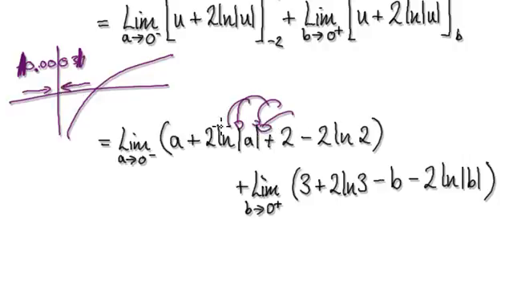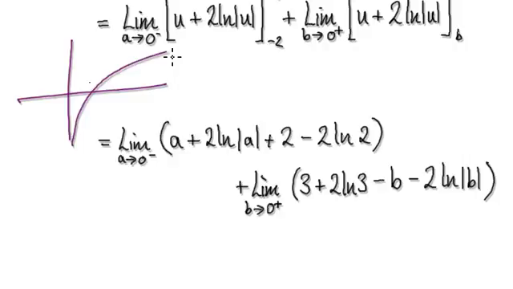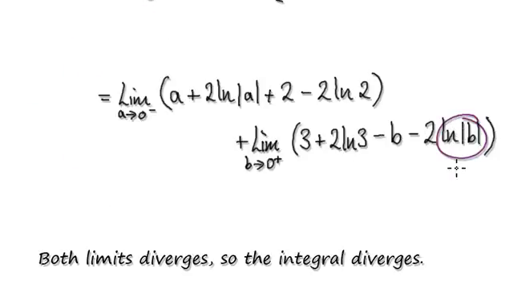Even though you're approaching from the left hand side, you can imagine it as approaching from the right hand side. So really you're heading towards negative infinity, and basically both limits diverge. So you can say the whole integral diverges.